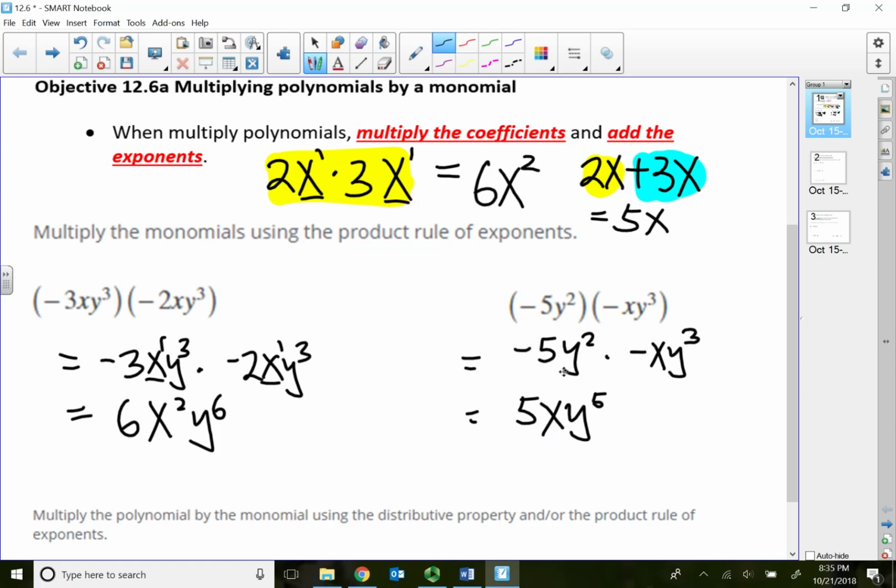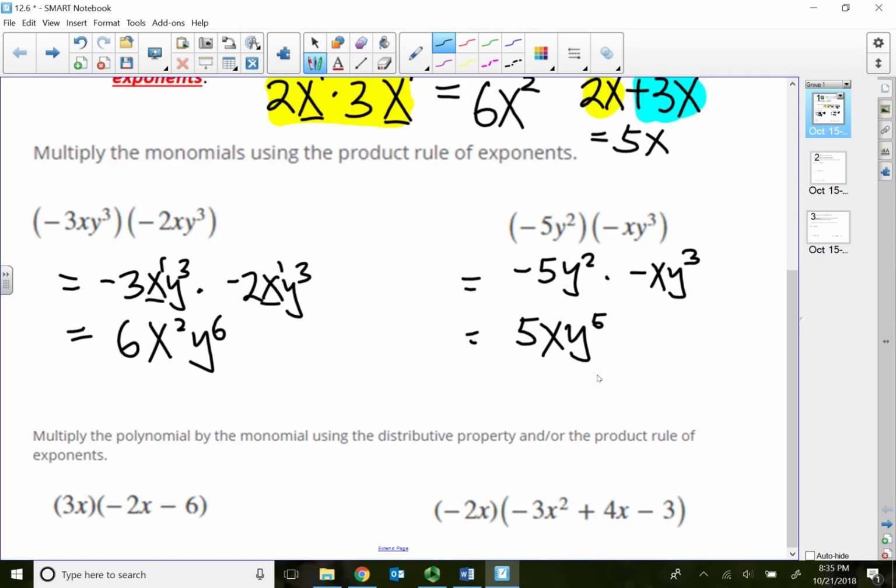So negative 5y squared times negative xy to the third has to be positive 5xy to the 5th power. Don't forget there's an x right here to the first power. When writing my answer in alphabetical order, x has to come before the y.